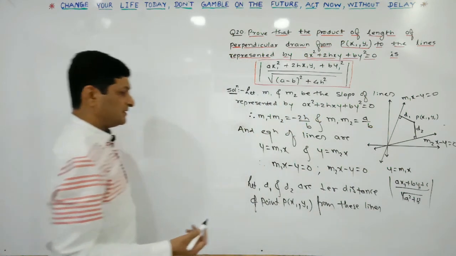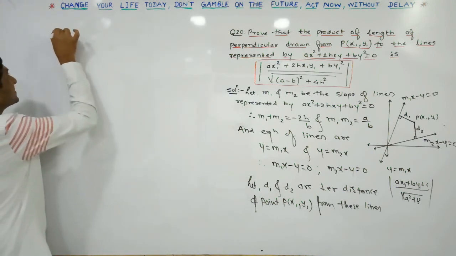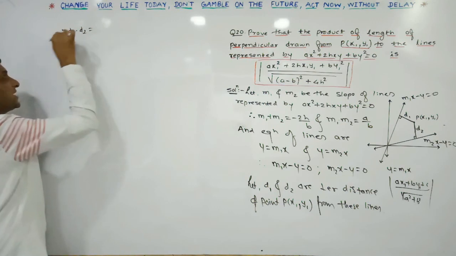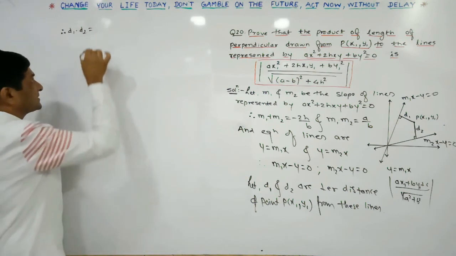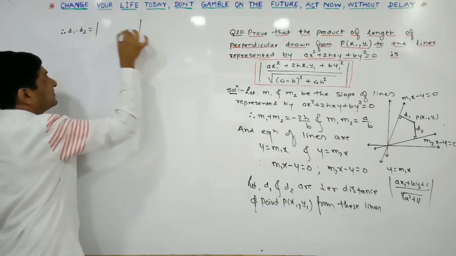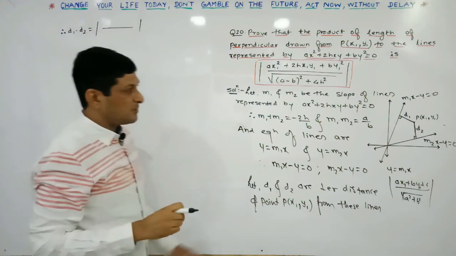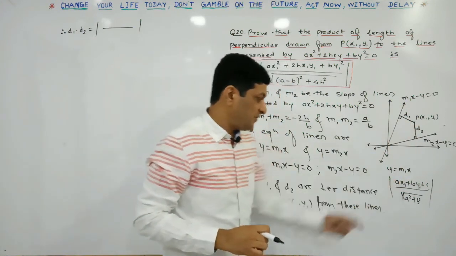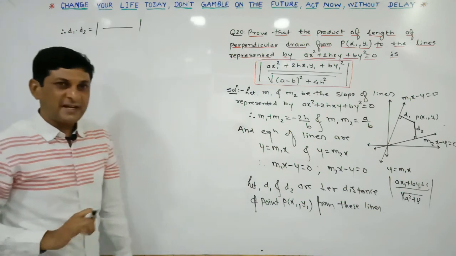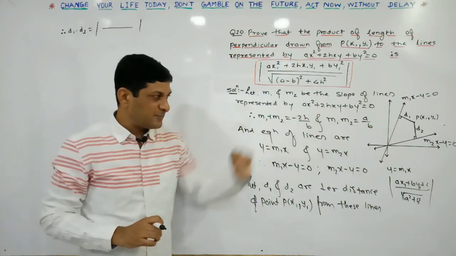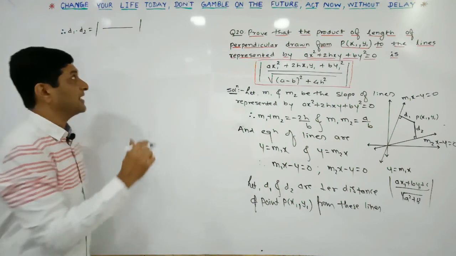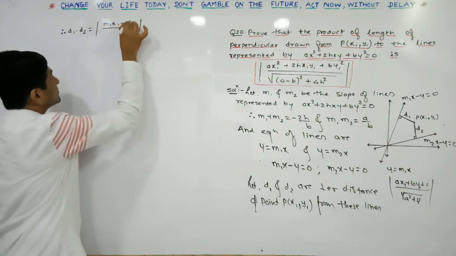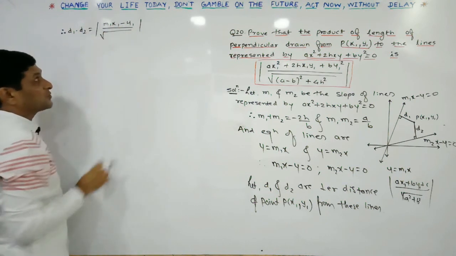Therefore d1 into d2 is equal to, we are finding the product of these perpendicular distances. First we find the value of d1, the perpendicular distance of this point from this line, applying this formula. First write the equation of the line in the numerator as it is, only replacing x by the x coordinate, x1, and y by the y coordinate. What we get here is m1x1 minus y1 divided by the square root of a square plus b square.